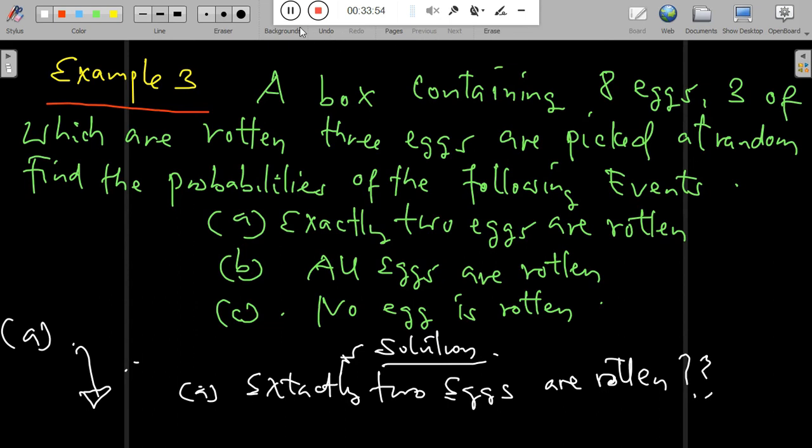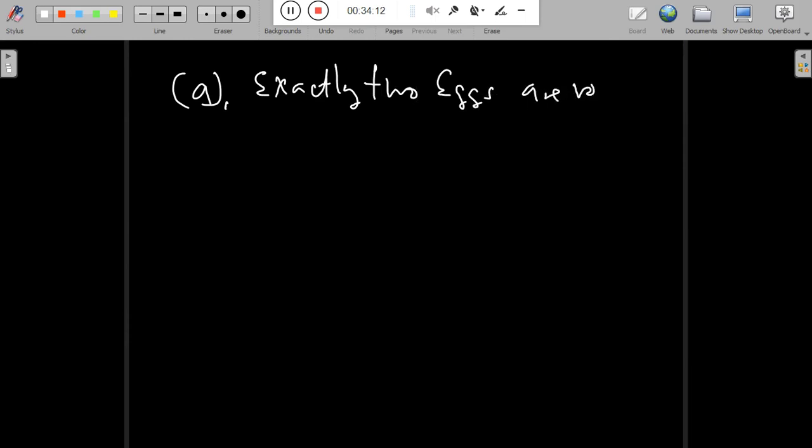What you need to understand from this question is that if in the box there were 8 eggs, 3 of which are rotten, it means that the eggs which were not rotten were only 5, since 8 minus 3 gives us 5.